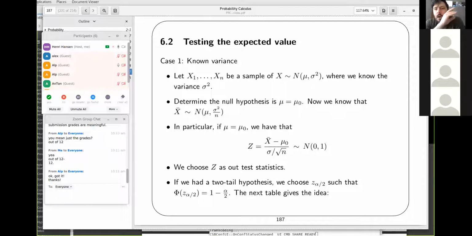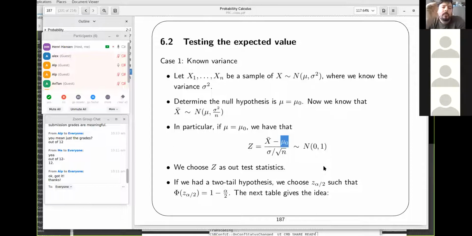We will assume that it's mu0, and if we assume that, then the standardized mean will have a 0, 1 normal distribution. If the actual expected value is mu0, then this will be 0, 1 normally distributed. If it's different from this, then this distribution will be something else.